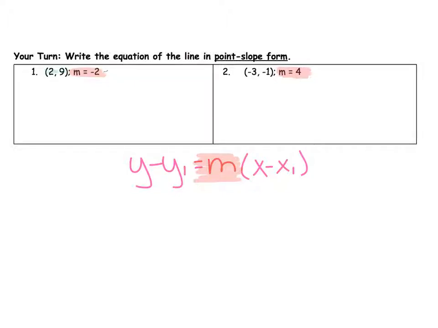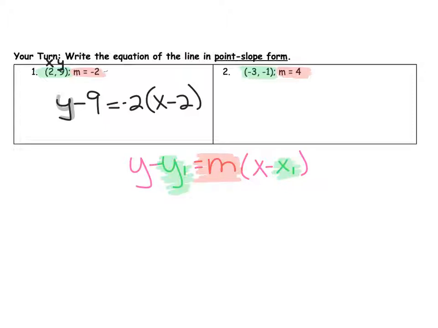We have a point, so we can take this point from either problem and plug in the y value for y1 and the x value for x1. When I do that for problem number 1, I get y minus 9, because that's in the y spot, is equal to my slope, which is negative 2, times x minus 2, which is in the x spot.